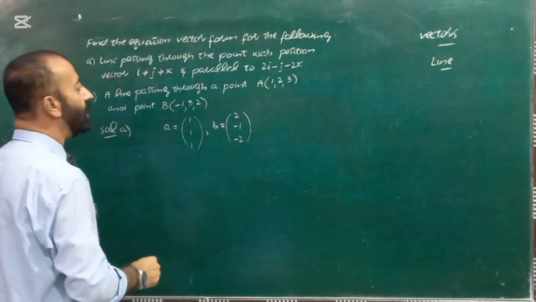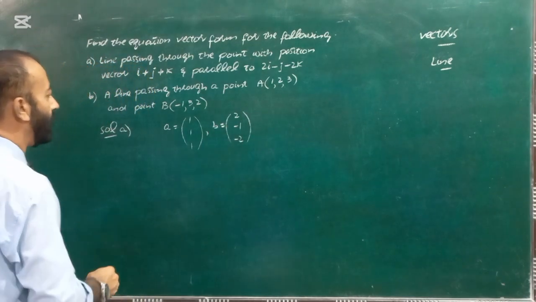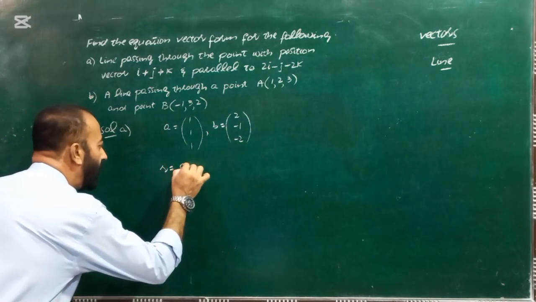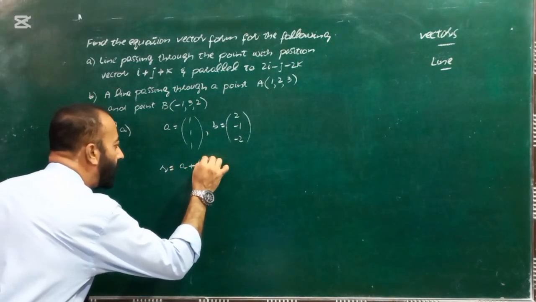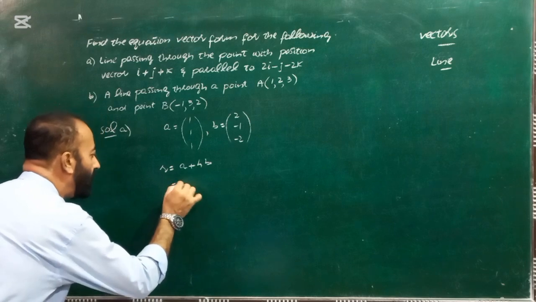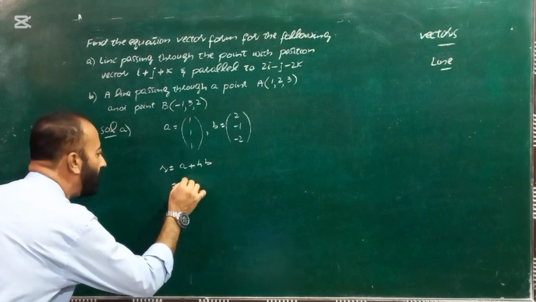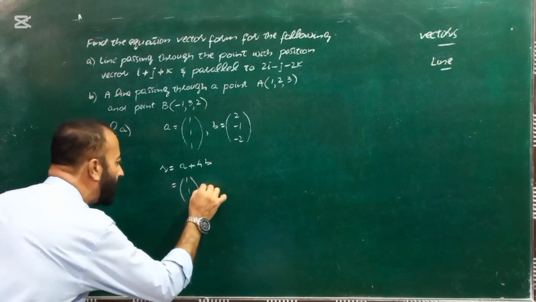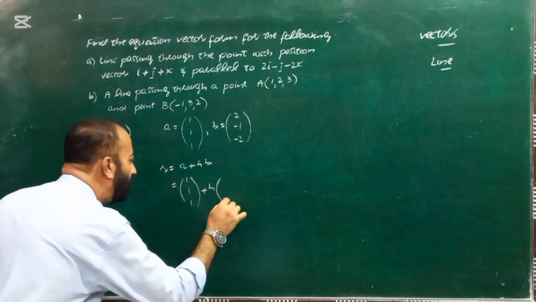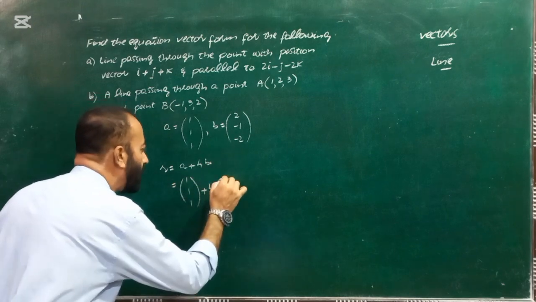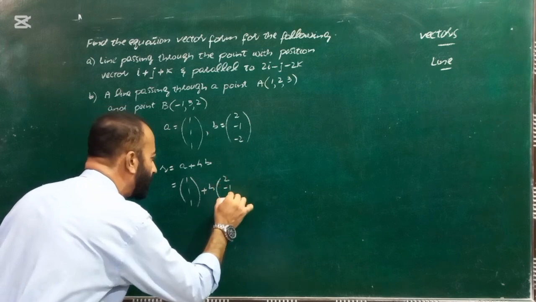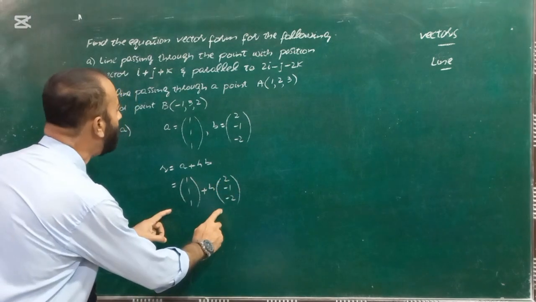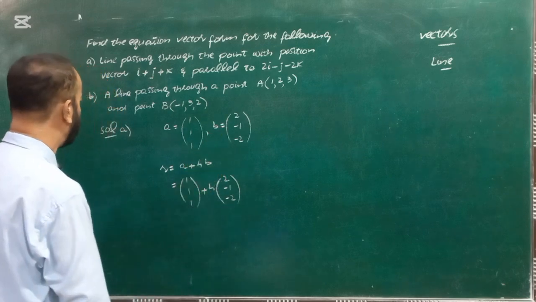So the vector equation of the line is R is equal to A plus lambda B. So putting values into the equation, so 1 1 1 is the position vector, plus lambda is still there, and B is 2 -1 -2. So this is the vector equation of the line.